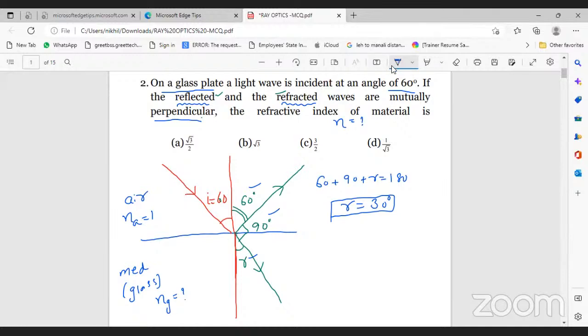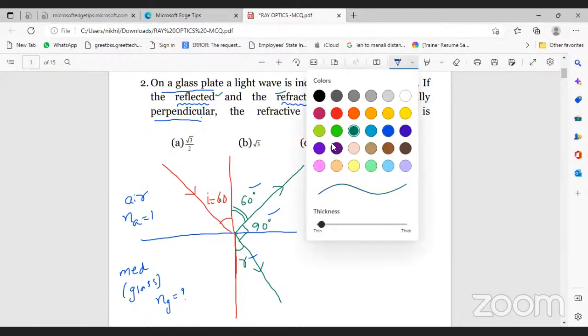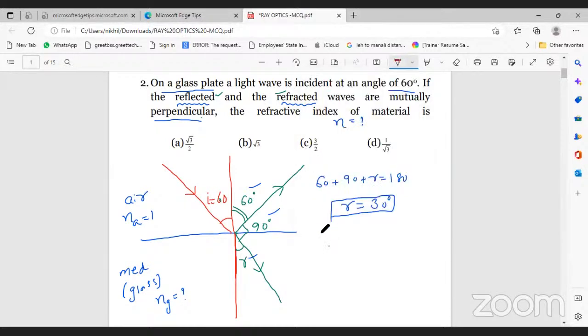Yes, sir. Can you tell me Snell's law for this? Refractive index of air into sine 60, equals Ng into sine r. What did you get for r? 30.